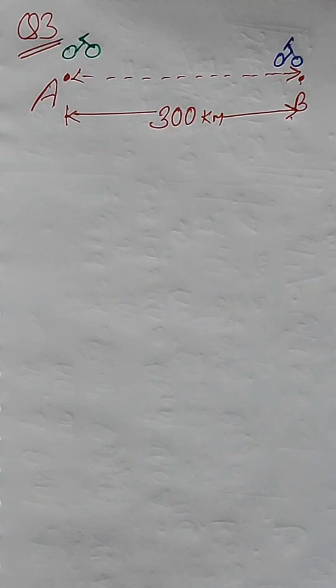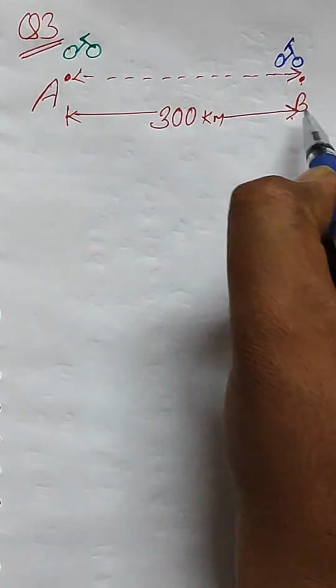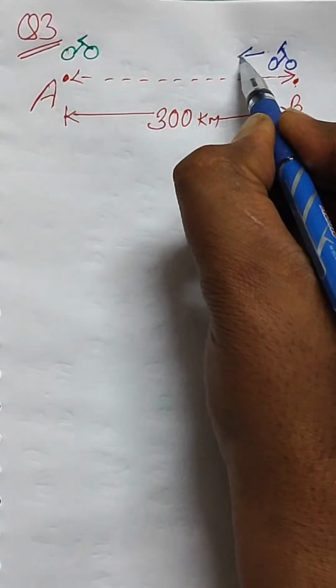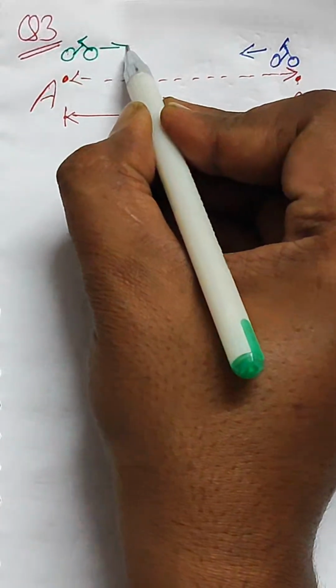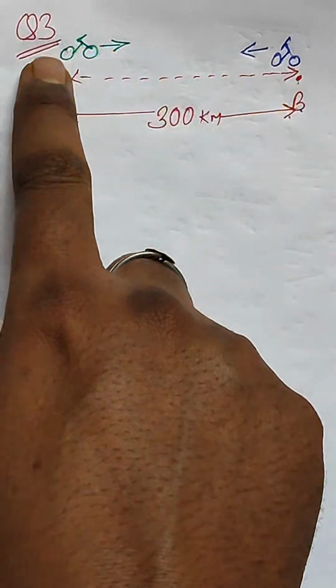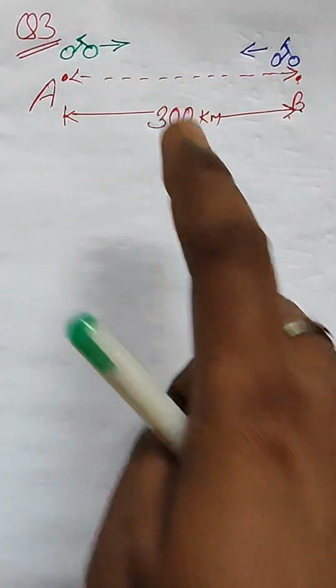Now two motorcyclists started simultaneously from these stations and moved towards each other. So the motorcyclist who started from B is going in the left direction, and the motorcyclist who started from A is going in the right direction, because they are going towards each other. So A will be approaching B and B will be approaching A, right?